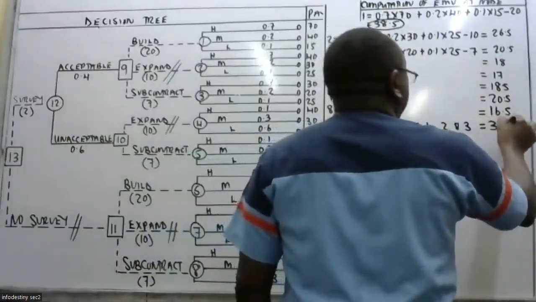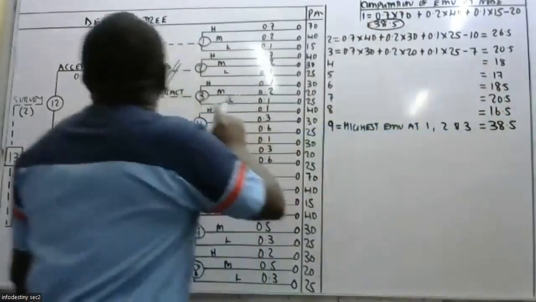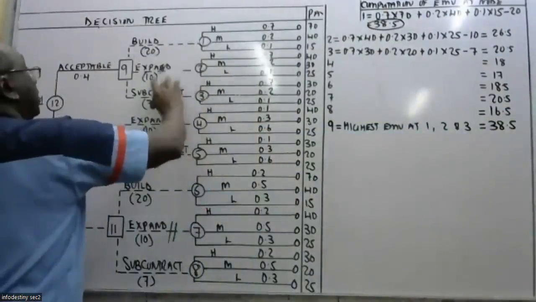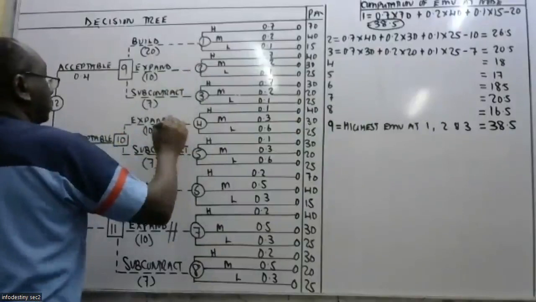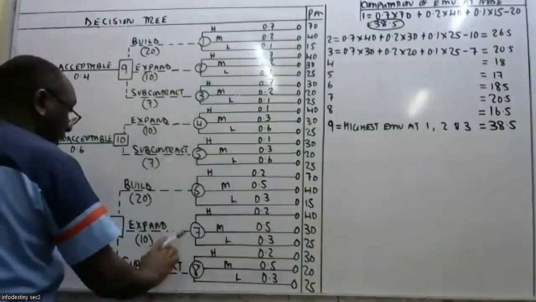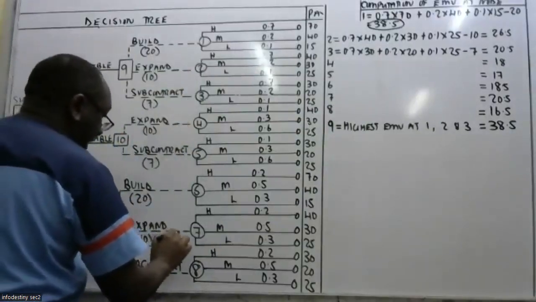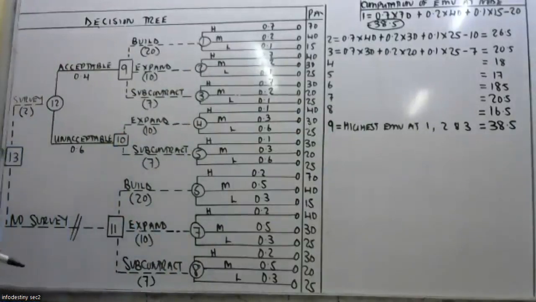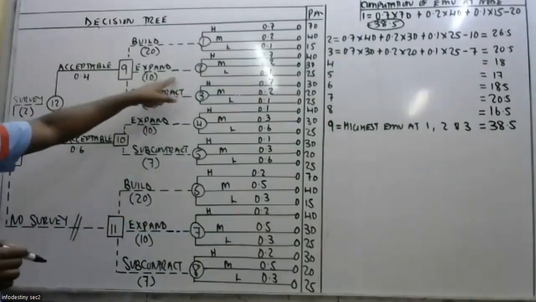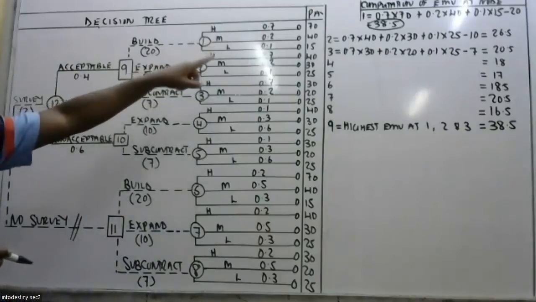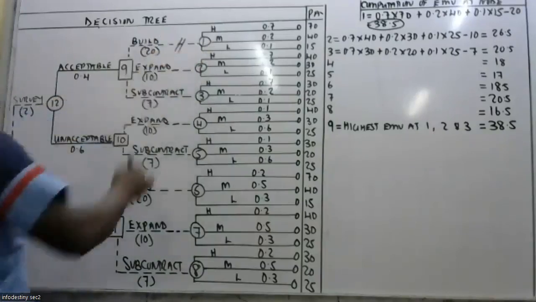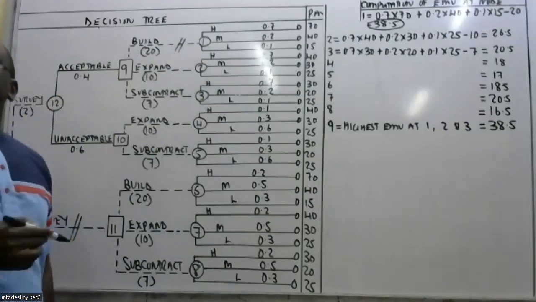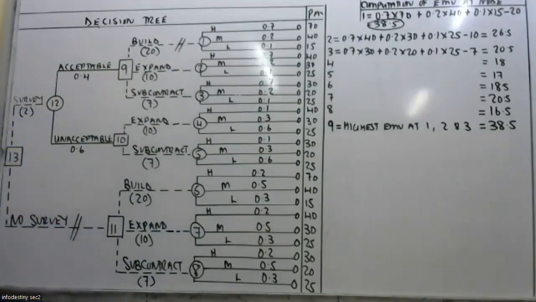So we put 38.5. And when you put 38.5, you come to your diagram here and mark that it was taken from number 1. Mark your diagram that way.